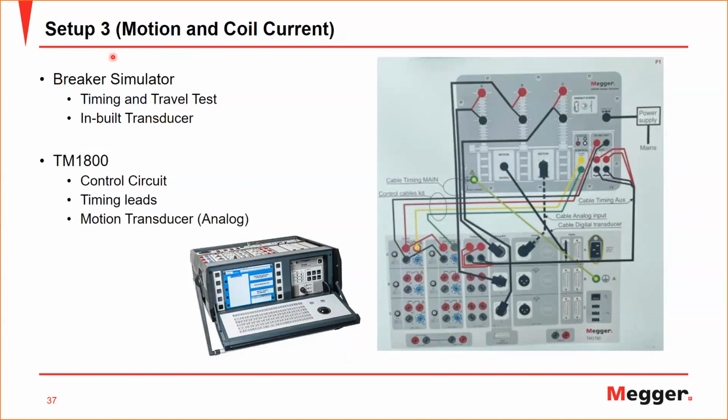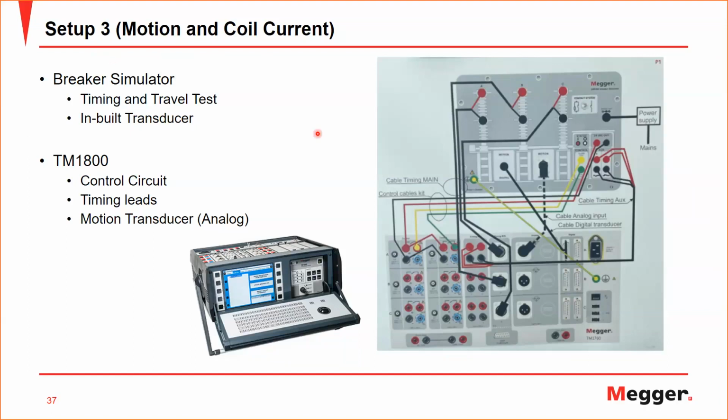The transducer is already built into this simulator. So I just connect the interface. And also with my TM1800, I can measure the time, the motion, and also the control circuit currents and voltages at the same time during open or close operation.